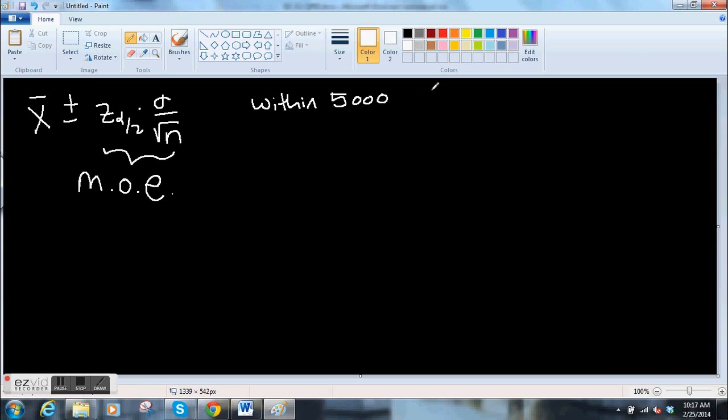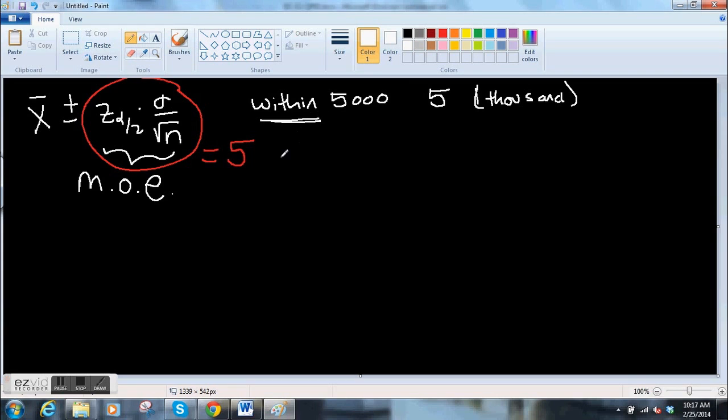Because all the numbers are in thousands, we'll say within 5. So we want x bar plus or minus 5, so the margin of error is 5. Essentially, for these problems, when they say within something, that's the margin of error.